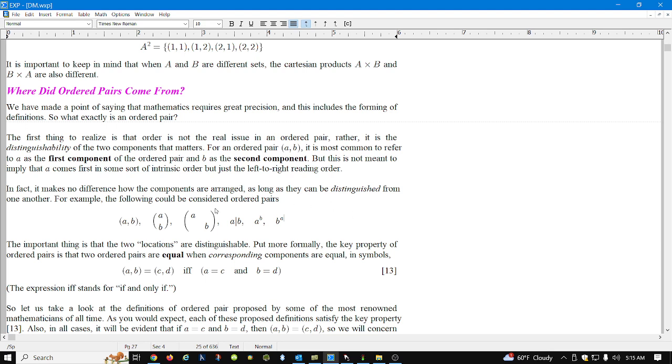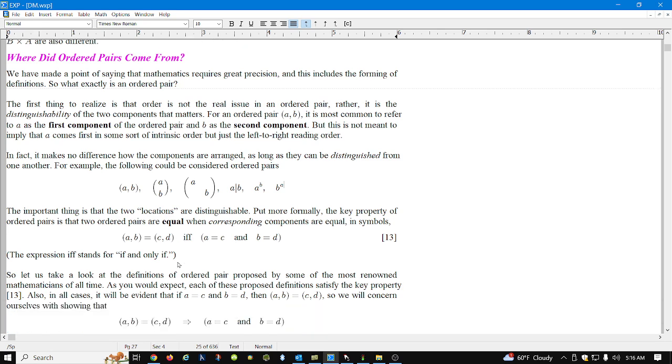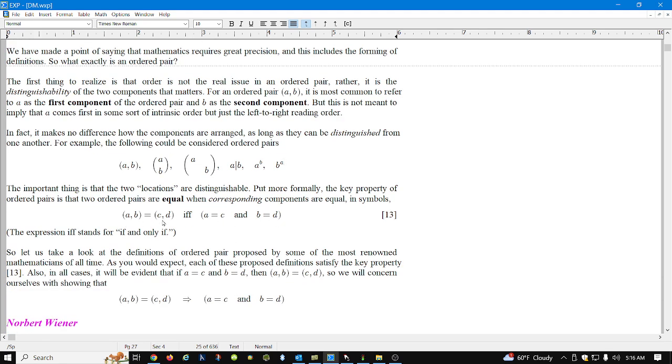So the key property of ordered pairs is really that two ordered pairs are equal when corresponding components are equal, when the components match between the two ordered pairs. And this is the definition of equality for ordered pairs. So it looks like this formally.